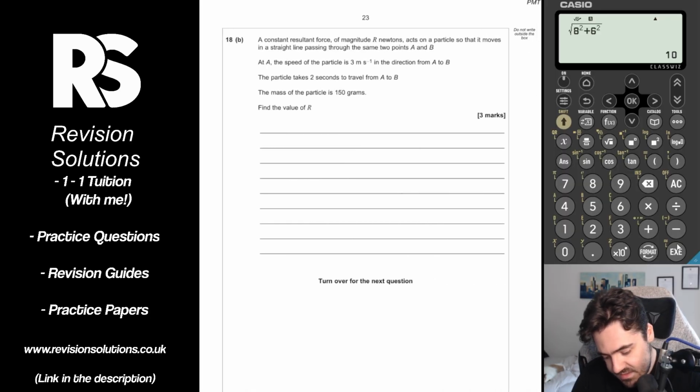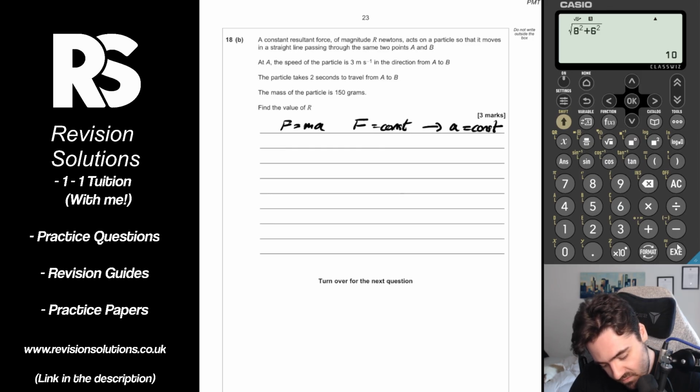Then part B says a constant resultant force of magnitude r newtons acts on a particle so that it moves in a straight line passing through the same 2 points A and B. Well, if we think about F equals ma, if F is constant, that means a is constant, which means we can use SUVAT equations.